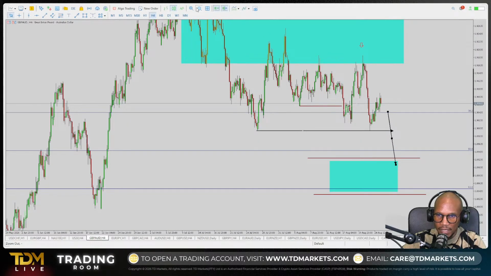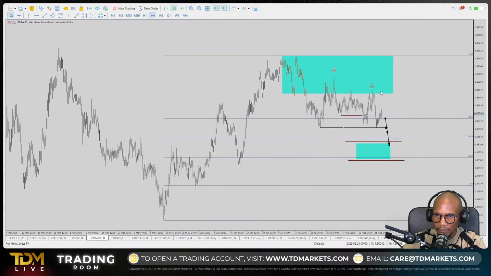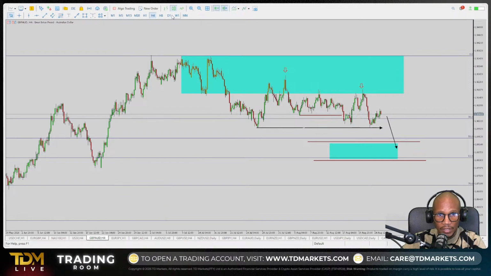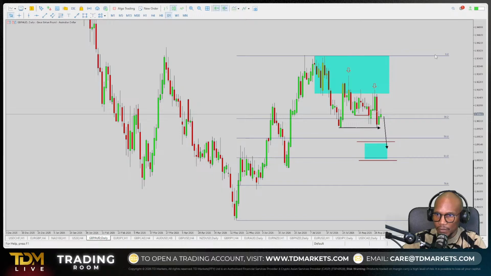That is the 50 and 61.8. So GBP AUD, we're still in line with our direction. One more push down, boom, right? If it changes, then we'll talk about the changes. But as it is now, still looking for one more push down.